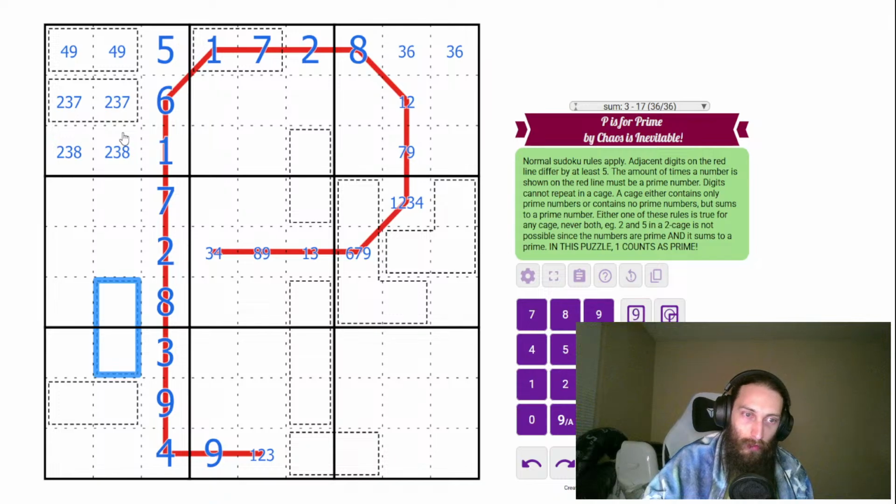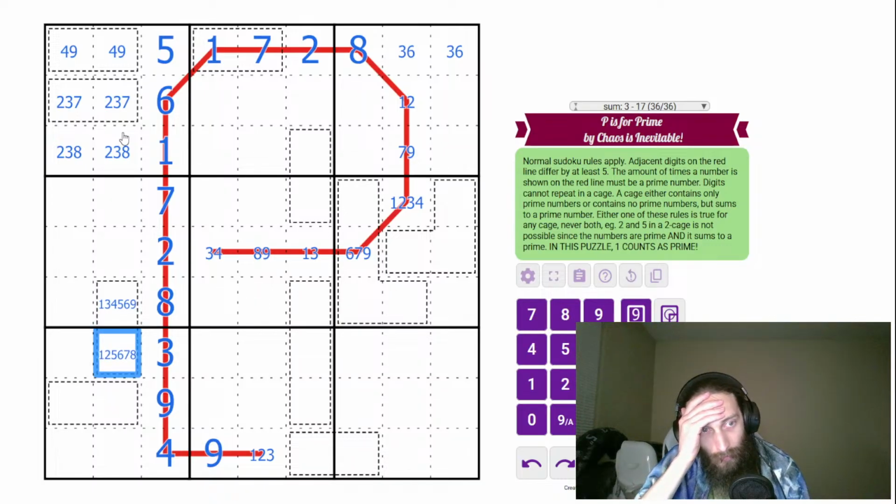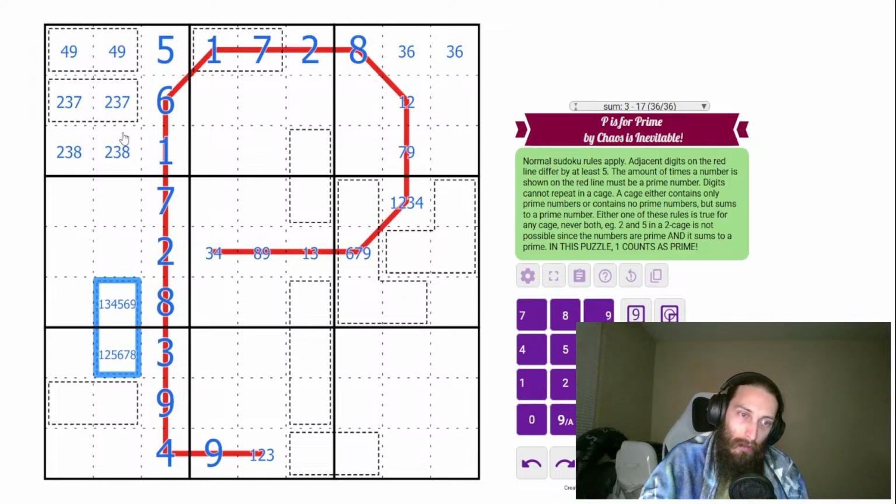So let's take a look at these two. 2, 7, 8. 3, 9, and 4. Well, we mark primes. 1, 3, 5. 1, 2, 5, and 7.